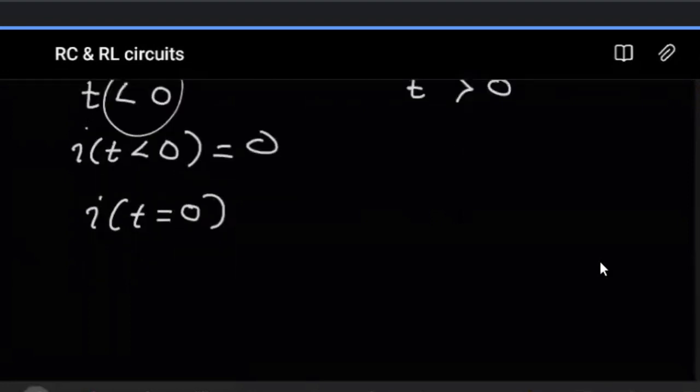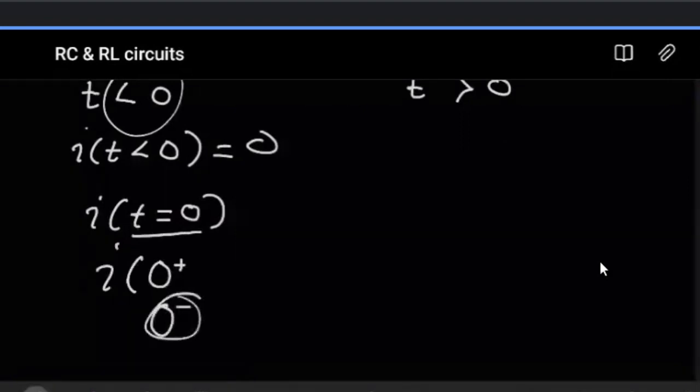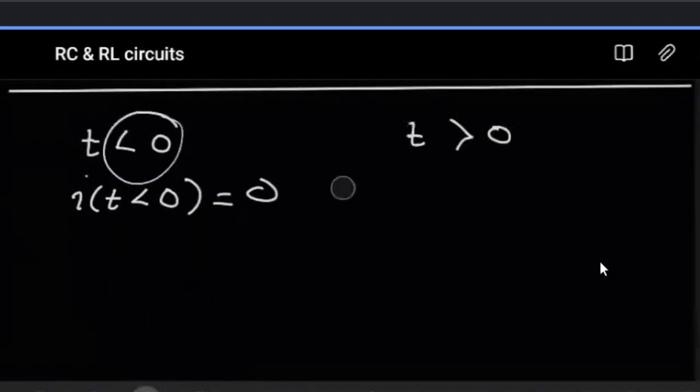It's the same thing saying t is equal to 0 or t, and then they put 0 from the right. Meaning this is literally from 0 going upwards. When you have 0 minus, this is 0 going downwards. This is while the switch was still with the source. You get that? Have I answered that question? Okay.